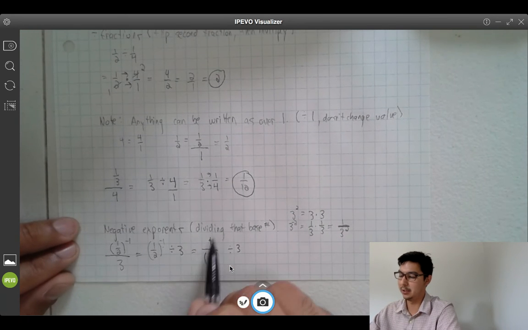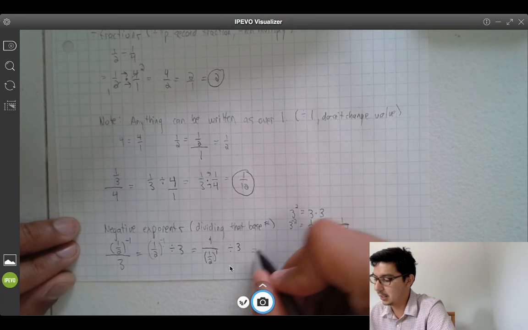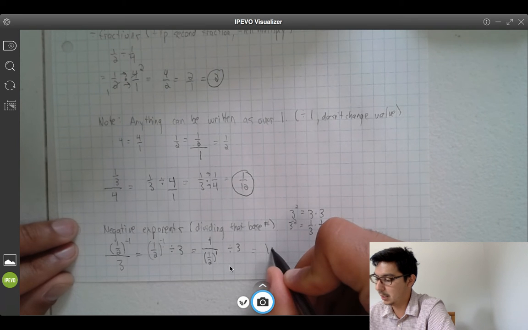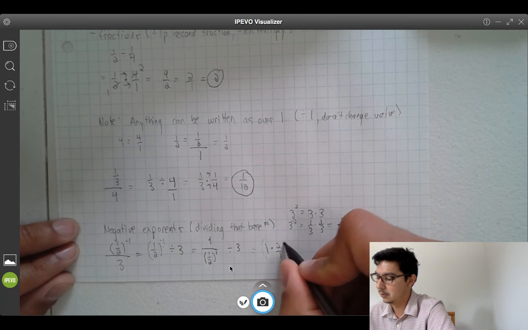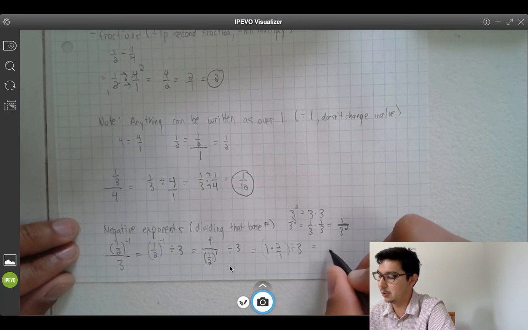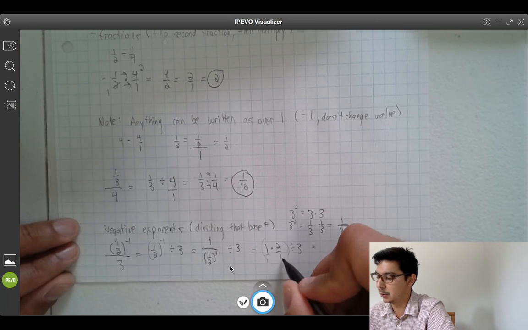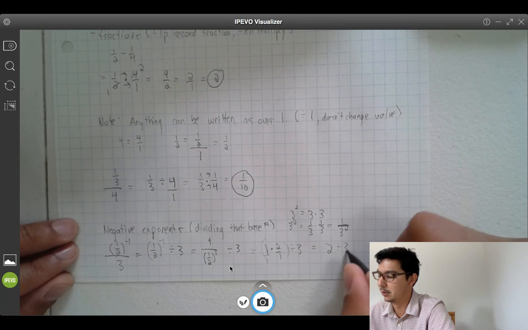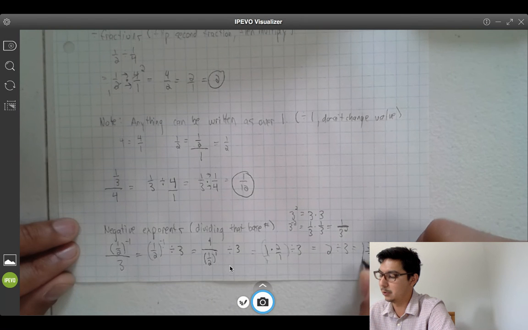Now notice, how do you divide fractions? That is 1 times 2 over 1. Now that's divided by 3, which gives you 1 over 1 times 2 over 1, which is 2 divided by 3, which we'll just write as a fraction, 2/3.